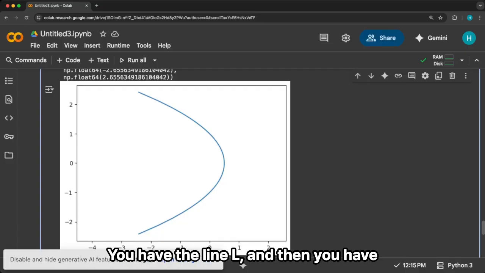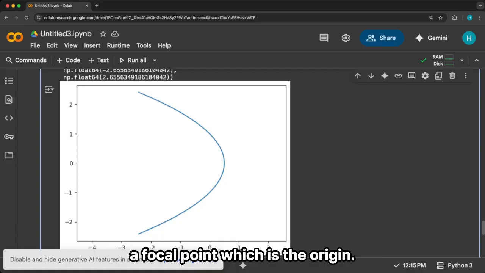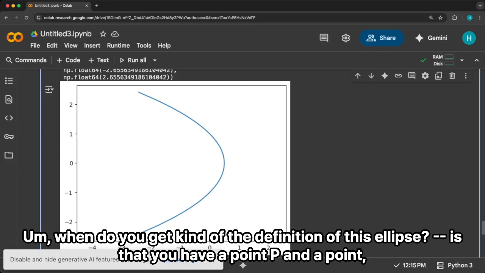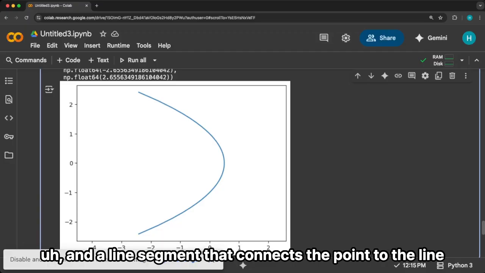You have the line L, and then you have a focal point, which is the origin. And let's say you have an ellipse. An ellipse is like a squeezed circle. The definition of this ellipse is that you have a point P and a point on the line, connected by a line segment perpendicular to the line.